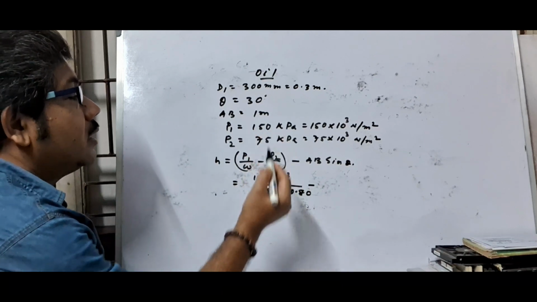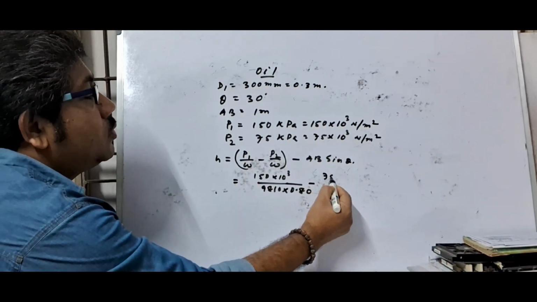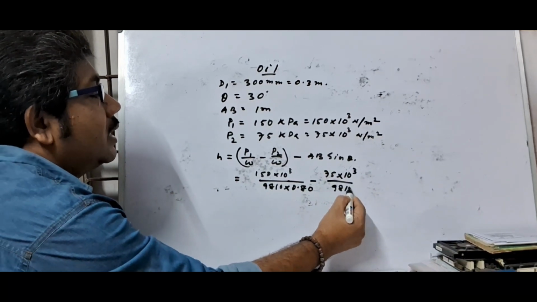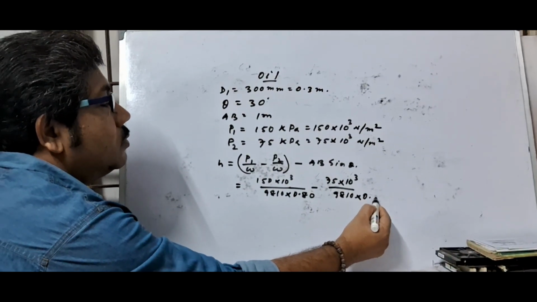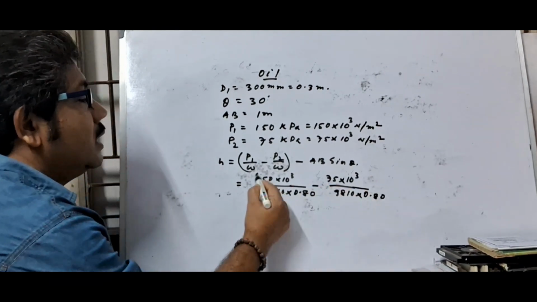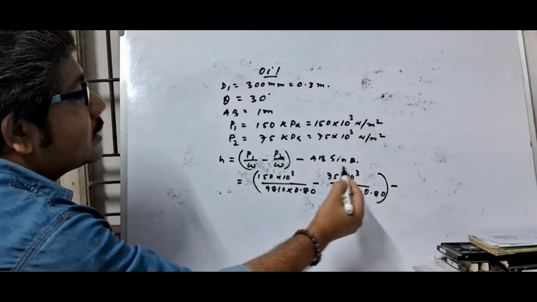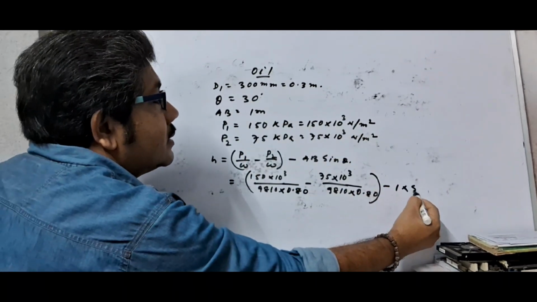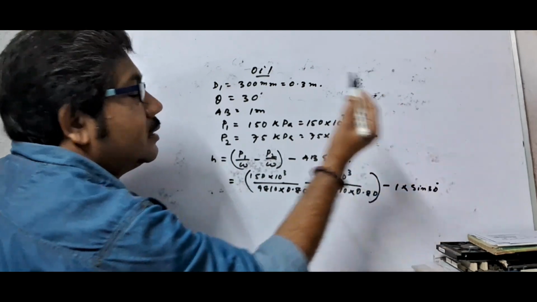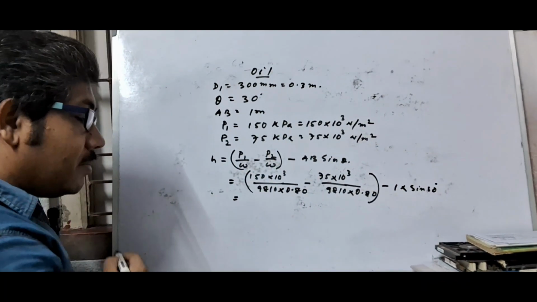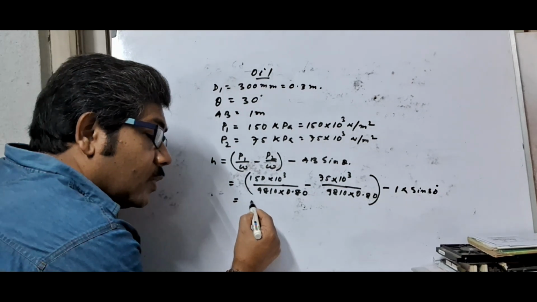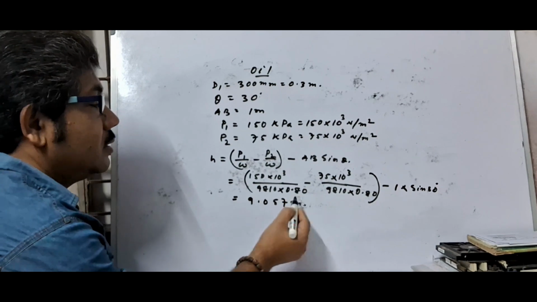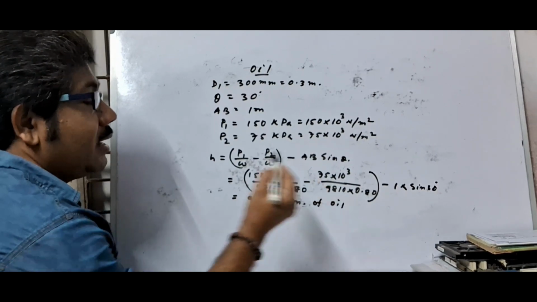This is P1 by omega minus P2 by omega. Here P2 is 75 into 10 to the power 3, and similarly omega is 9810 into 0.80. And minus AB, here AB is 1, and sine theta, this is sine 30 degree. And this value will be 9.057 meter of oil.